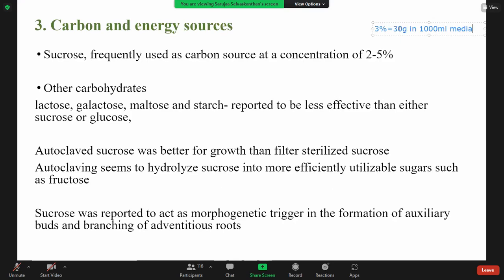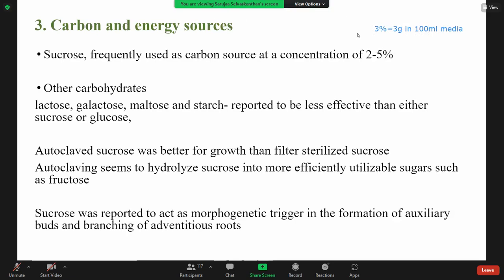Then for 100, 3%, right? Which means 3 gram in 100 milliliter. Out of 100, 3 is needed. That is 3%, right? So other carbohydrates, as I already told you.